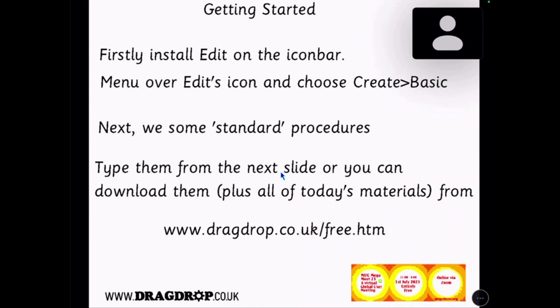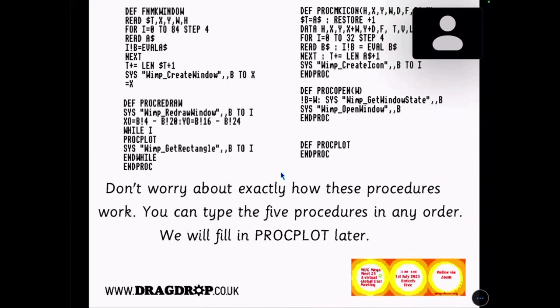There's the web address for downloading stuff for today, the slide packs and the code and what I call the standard procedures, which I'll show you on the next slide. If you know BBC Basic, then you'll recognise all of these. Now, don't worry too much about what these procedures do. Just know that you need that code in your program before you start.